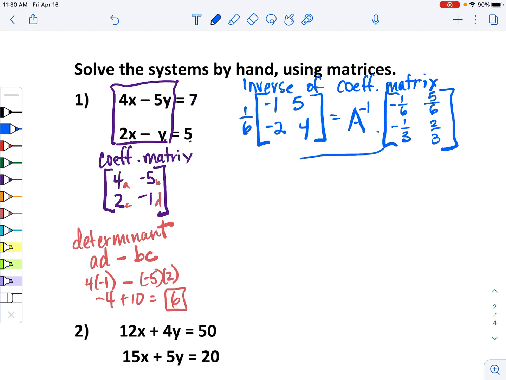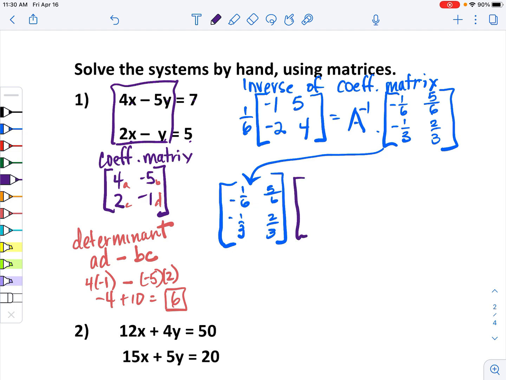Now I'm going to take this inverse matrix, -1/6, -1/3, 5/6, and 2/3, and I'm going to multiply it by my constant matrix. And those are my constants.